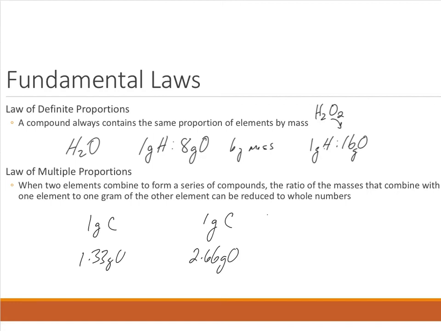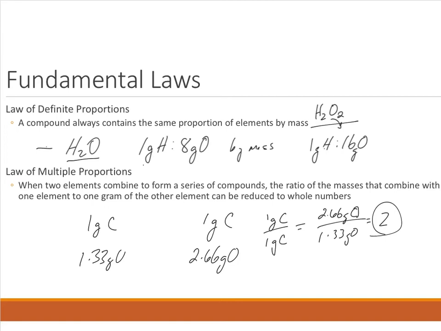If I ratio these, 1 gram of carbon to 1 gram of carbon, that is equal to the 2.66 grams of oxygen over the 1.33 grams of oxygen, which is a 2-to-1 ratio, hence the simple whole number. We can see that above, where we had H2O and H2O2, 1 gram of hydrogen to 1 gram of hydrogen, 8 grams of oxygen to 16 grams of oxygen. And it's the law of multiple proportions that actually allows us to determine chemical formulas like H2O and H2O2.